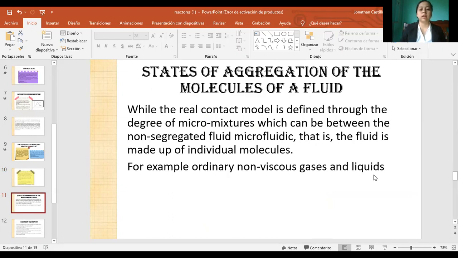The real contact model is defined through the degree of micromixing, which can be between the microfluid, that is, the fluid made up of individual molecules, for example ordinary non-viscous gases and liquids.